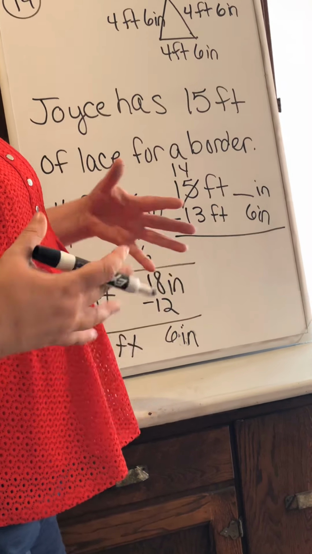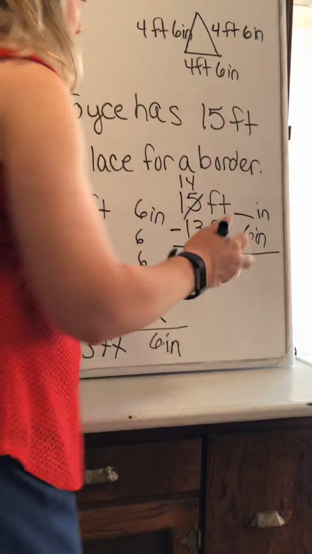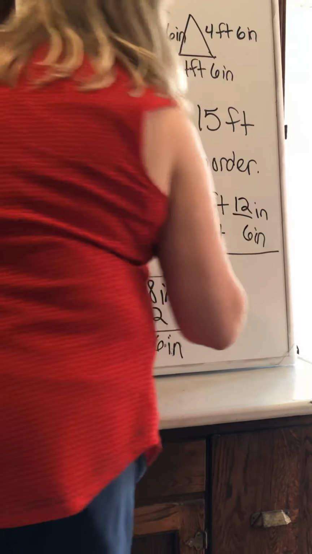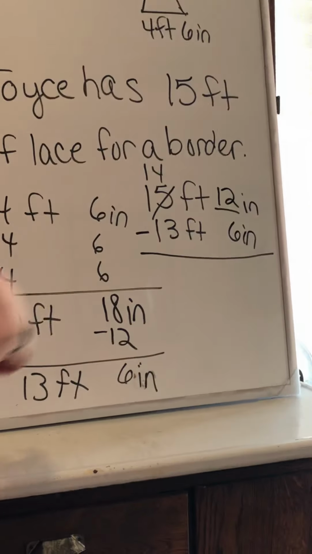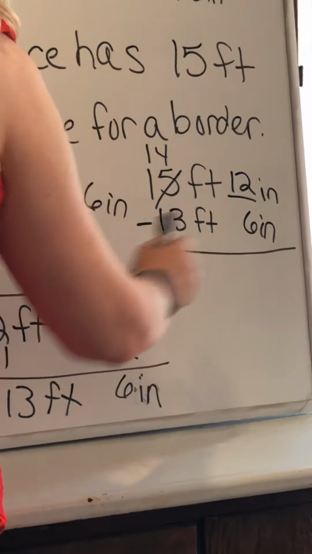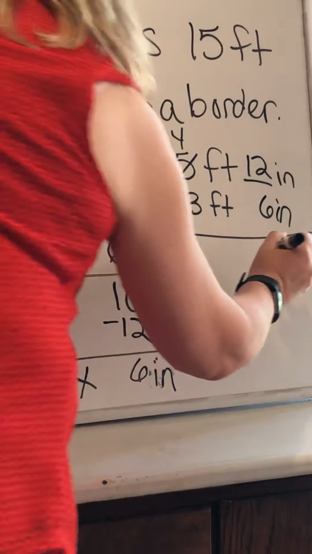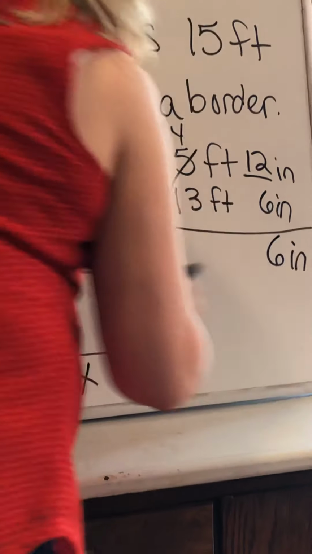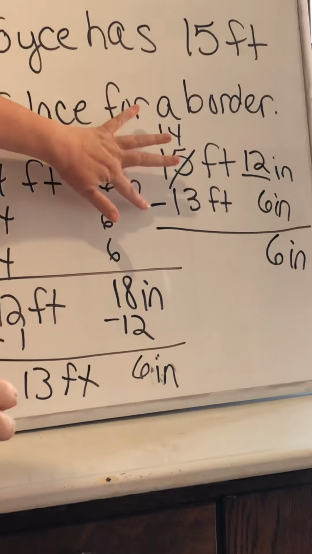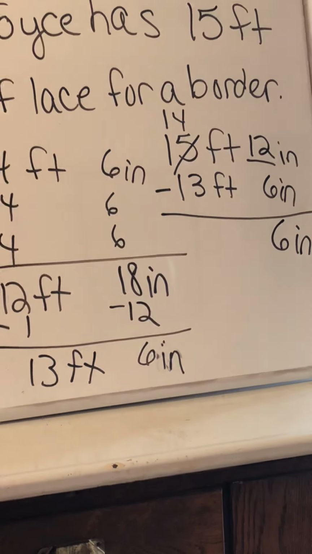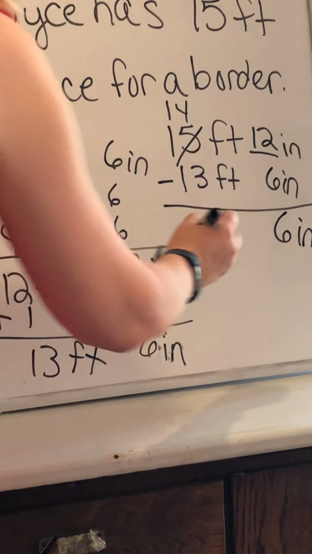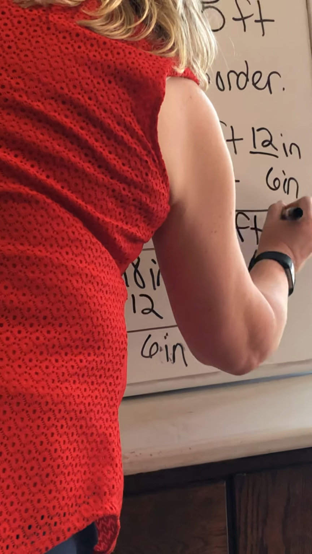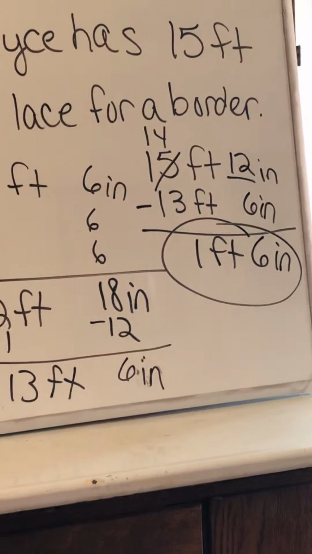Well, again, how many inches are in a foot? 12. Now we can figure out what the answer is. 12 inches minus 6 inches is 6 inches. 14 feet minus 13 feet is 1 foot. And there is your answer. That's how much is left over.